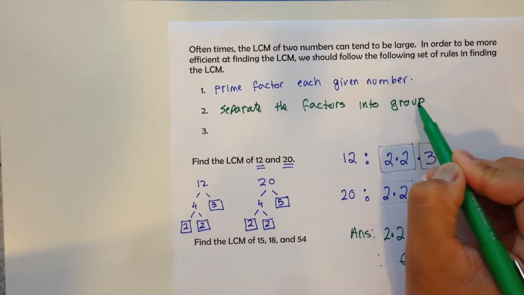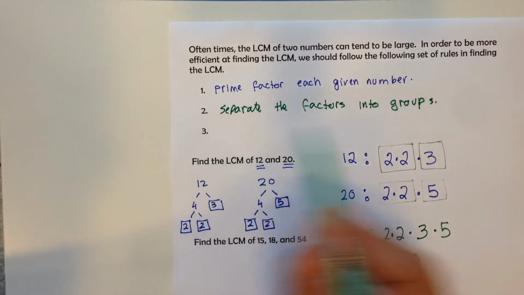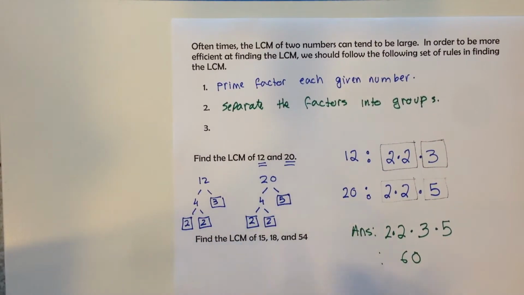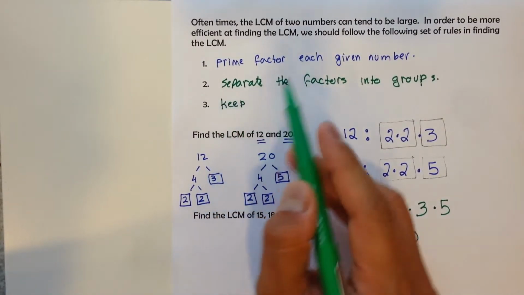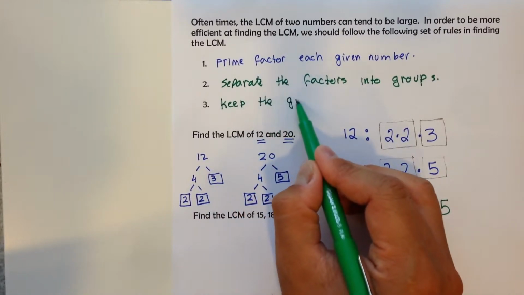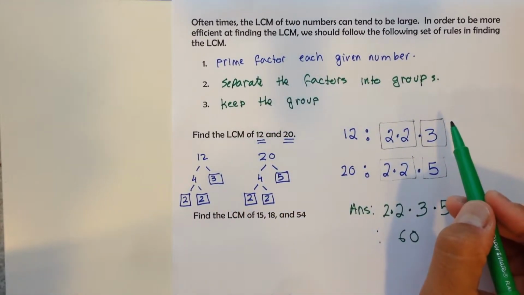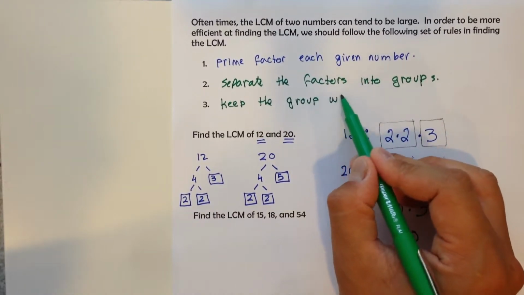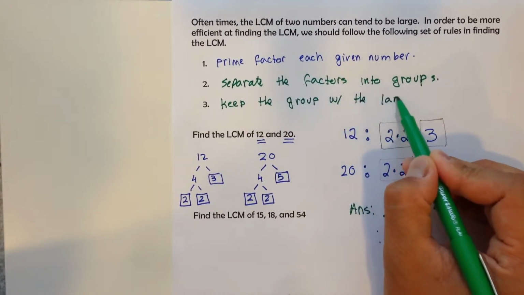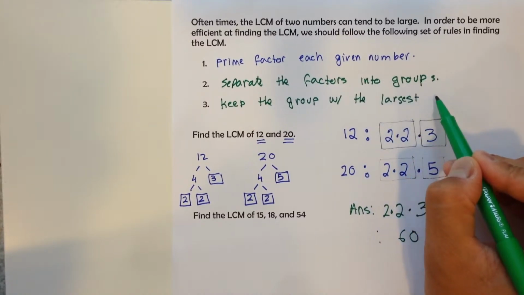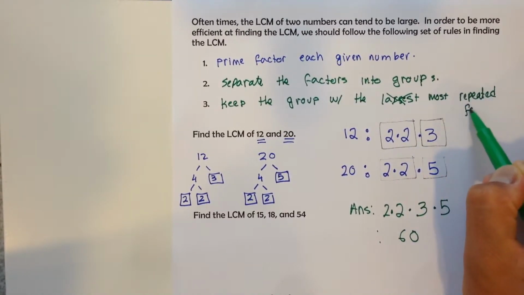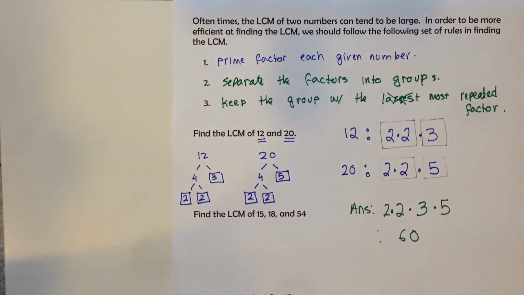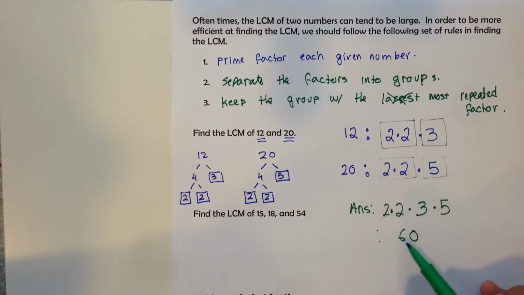After I separate the factors into groups, I am going to keep the groups with the largest repeated number, with the most repeated factor. Alright, and then the last thing you do is once you have kept all the groups, then you multiply.